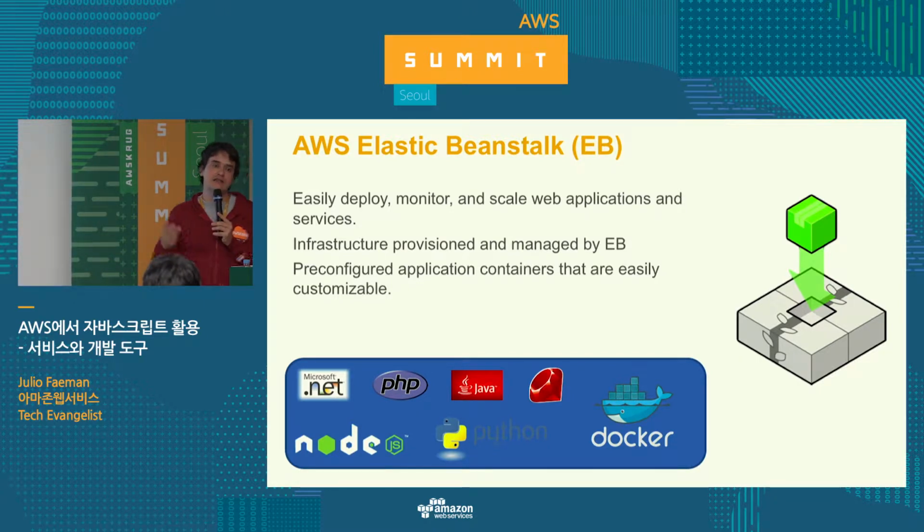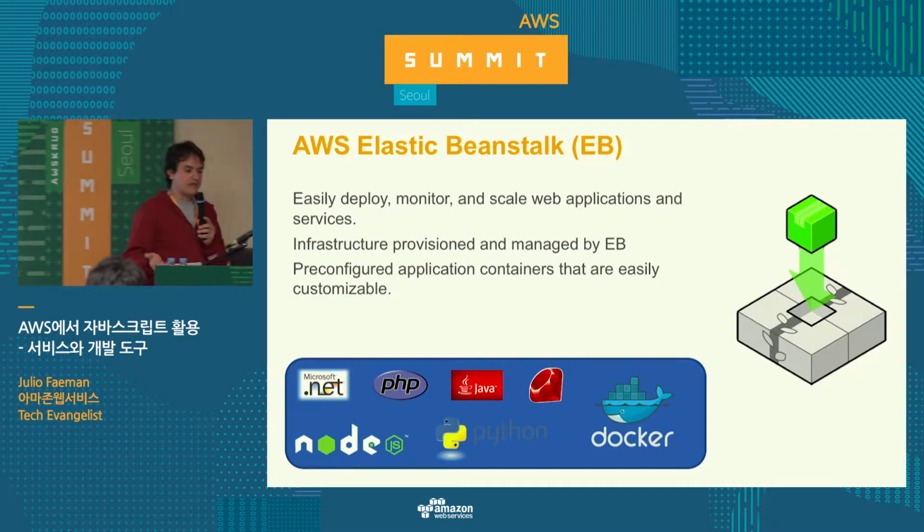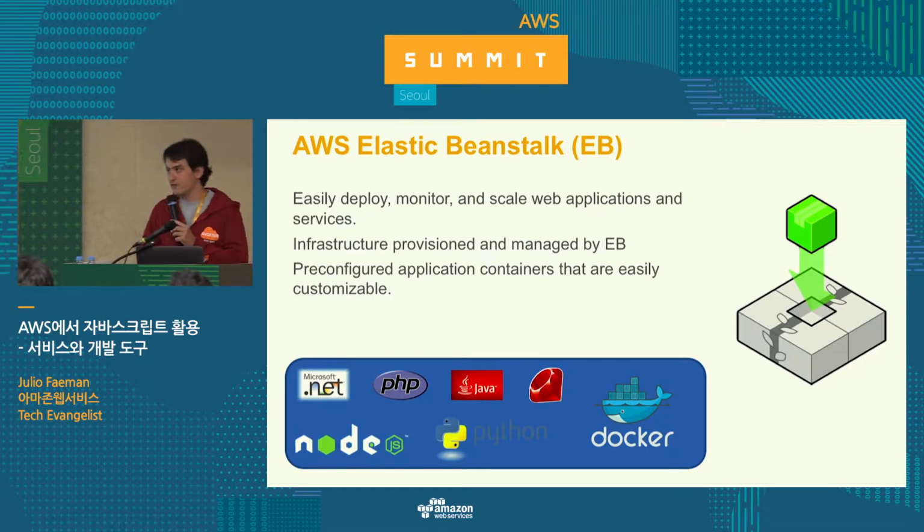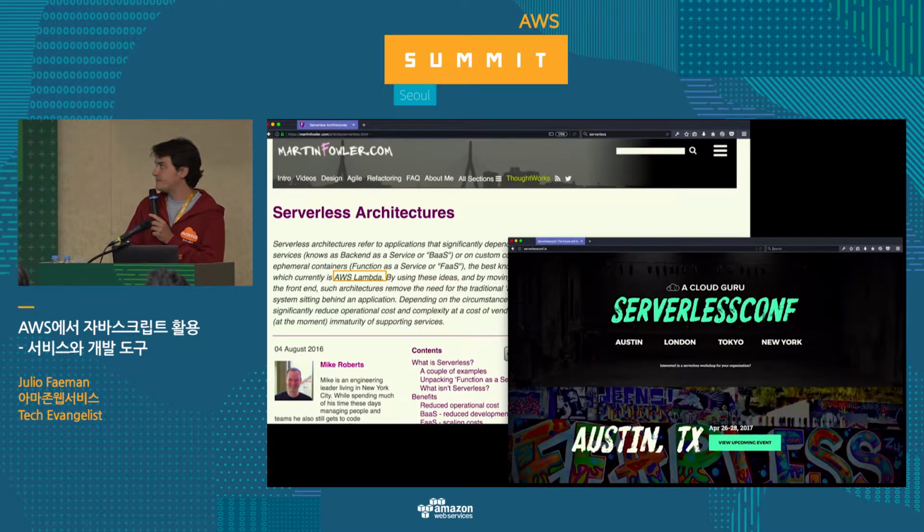The difference is that with Beanstalk, you just upload the zip with your code, and you have a complete DevOps environment so that you can configure auto-scaling, integrate with databases, and change URLs to make blue-green deployments and things like this without any effort, without writing any of the scripts that you would need if you were deploying yourself.